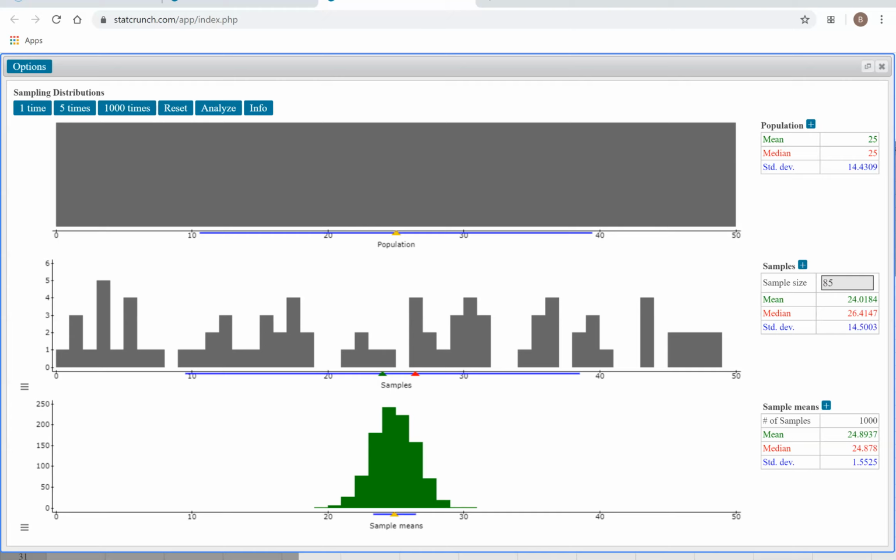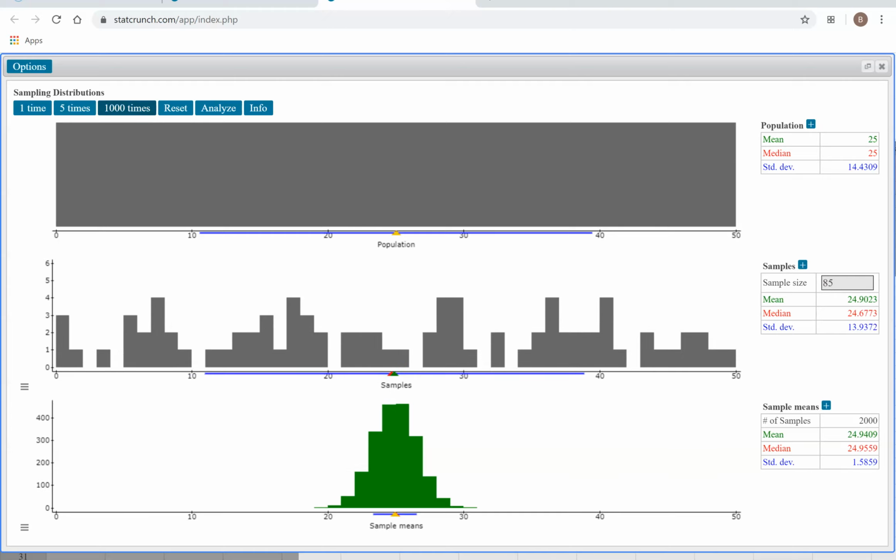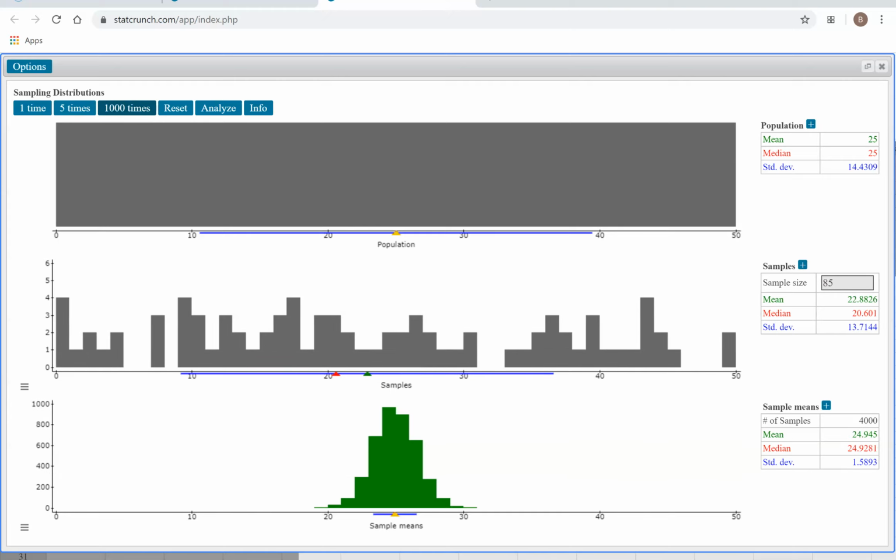We get a really nice symmetric bell-shaped curve. Another 1,000, another 1,000, another 1,000. Again, the mean of the population is really close to the mean of all these sample means. Again, the standard deviations are pretty wildly off. That's okay. There's a formula, again, that explains that.